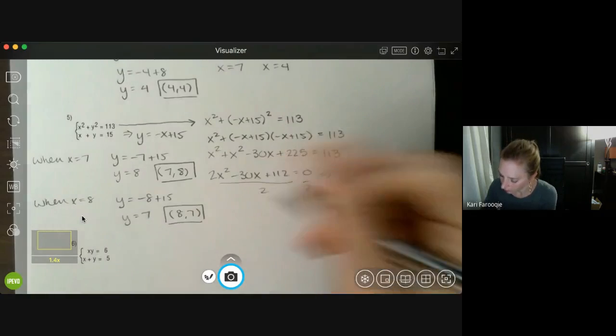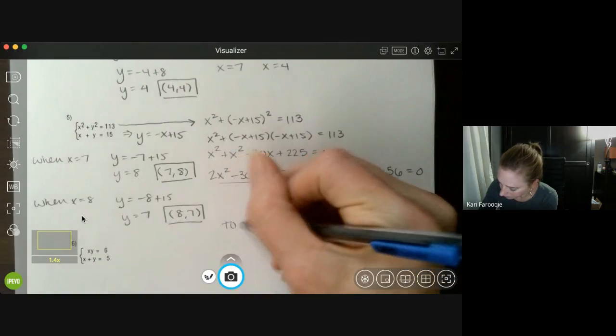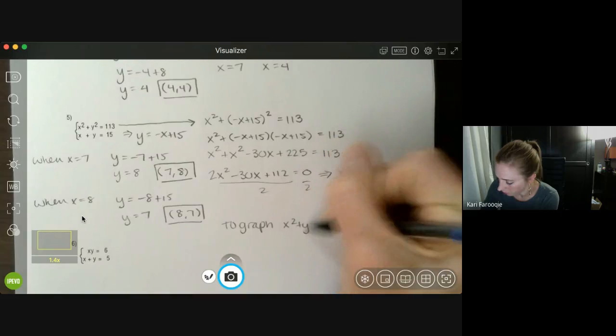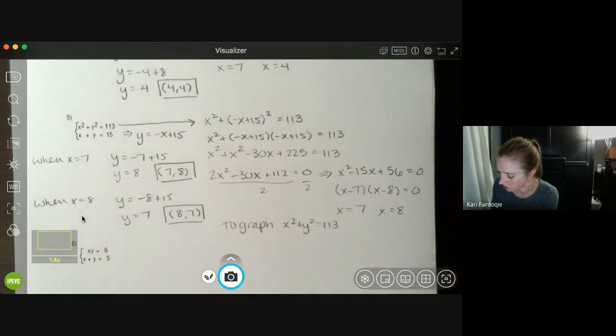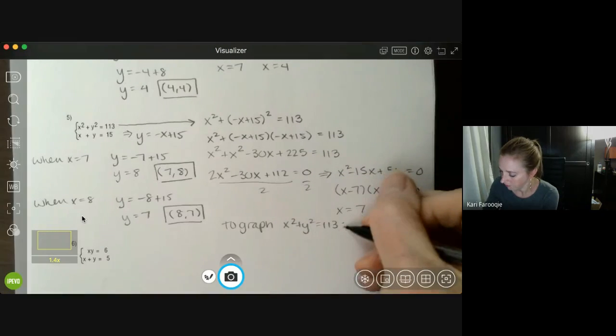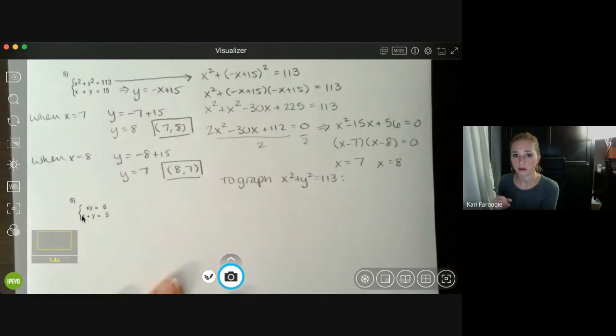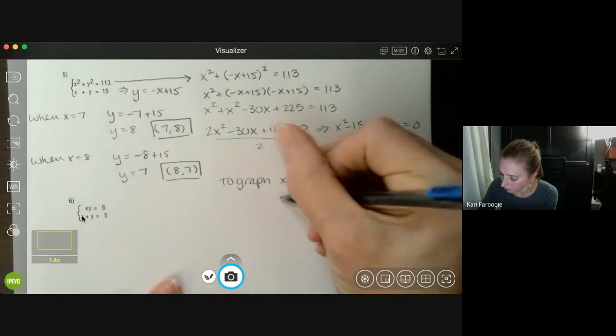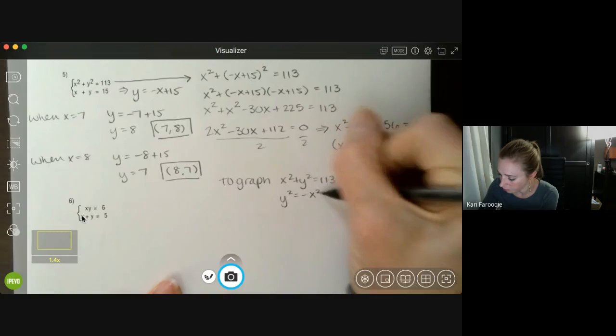To graph a circle, or let's just say to graph x squared plus y squared equals 113, you're going to have to put this in your calculator, which means you're going to have to solve for y. So subtract x squared from both sides.